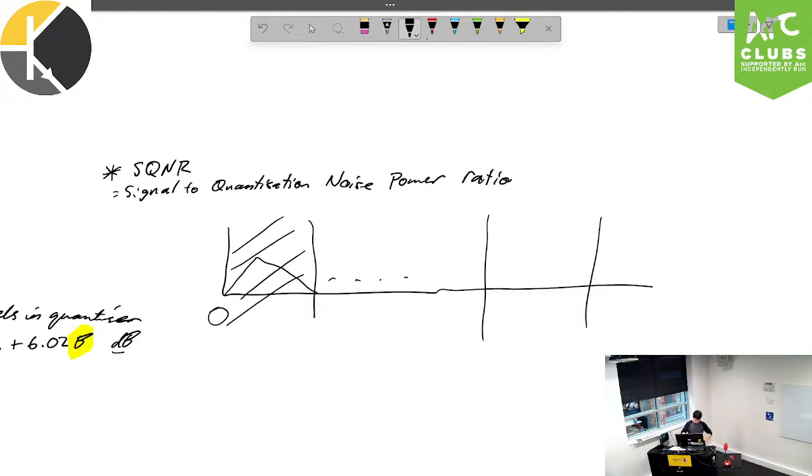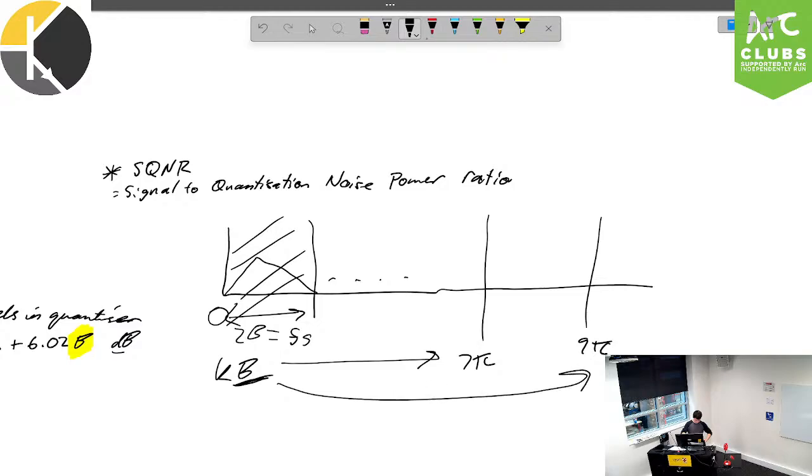Okay, and in this case, it has to be multiples of our bandwidth. Okay, so in this case, two times bandwidth equals fs. So you have to have a multiple of your bandwidth as the upper end for where you are analyzing.